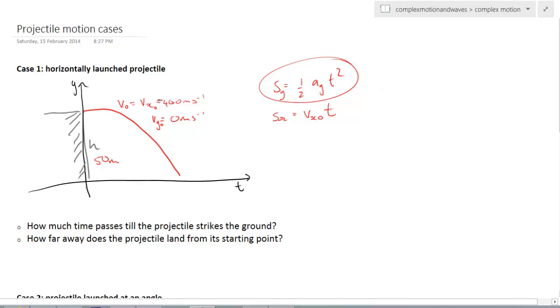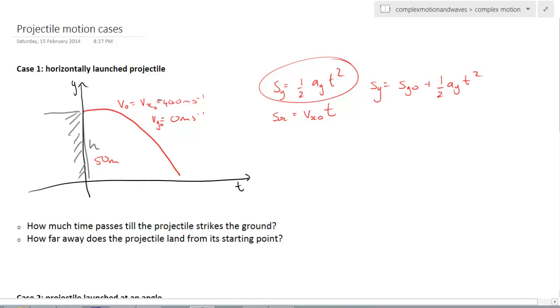I always tend to put our origin at 0. Some people put the origin up on top of the cliff and then they consider any movement below that as negative. Kind of depends on how you like to work. I tend to use the ground as the 0 point, which means that in this case we'll have to rewrite this equation in terms of the initial displacement, such as that.